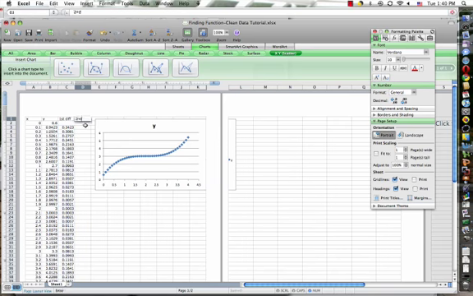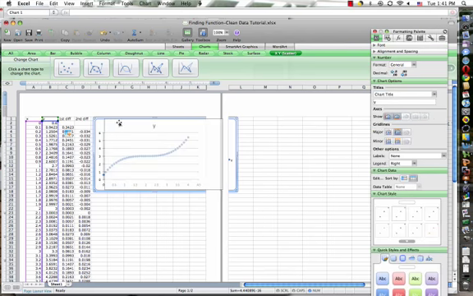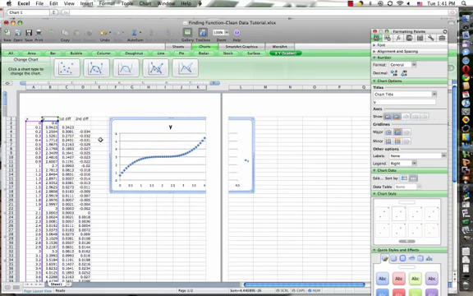We could check our second difference, equals, find the difference in our first differences. Fill down. It is definitely not a quadratic because we have no constant second difference.